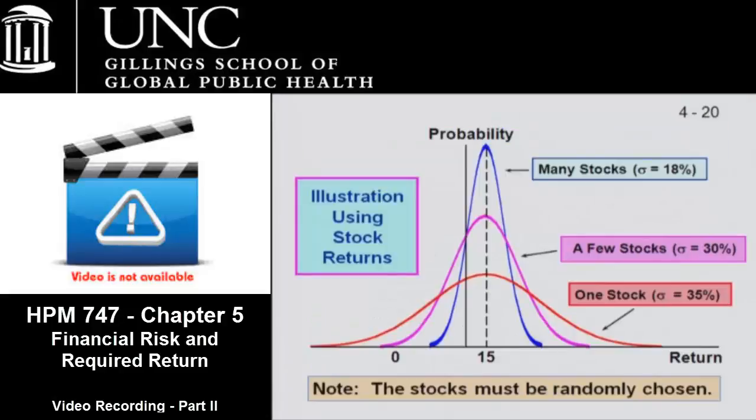So you can see in this example, the risk of one stock is much greater than the risk of a few stocks, which is much greater than the risk of many stocks. Which is why we have mutual funds. Mutual funds will have 300, 400, 500 different stocks in them. They're diversifying their portfolios, and you get to buy the assets. So you can diversify through the mutual fund. That's why this is happening.